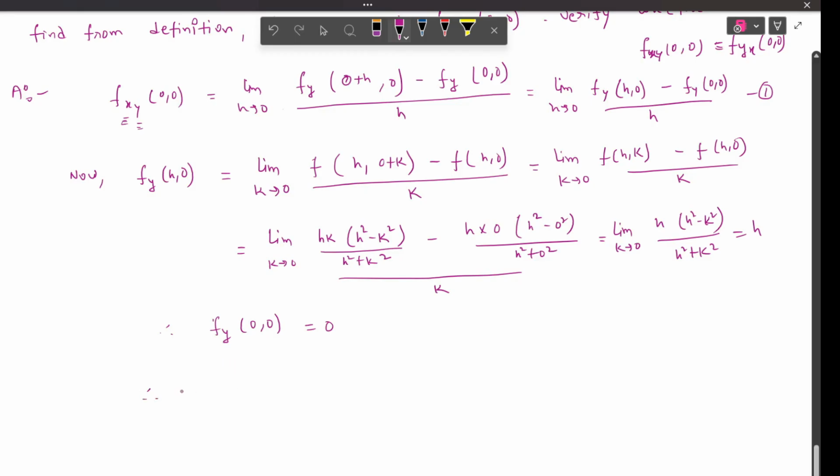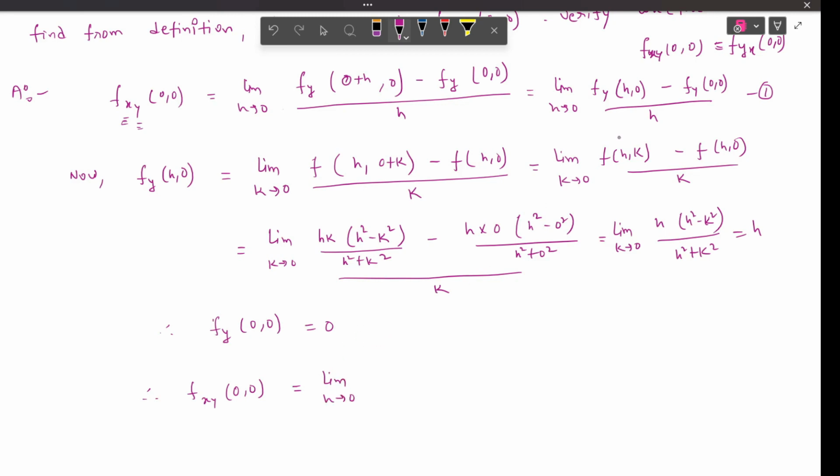So we can say fxy(0, 0) should be limit h tending to 0, fy(h, 0) is h, and fy(0, 0) is 0, upon h. So h cancels out, it will be 1.